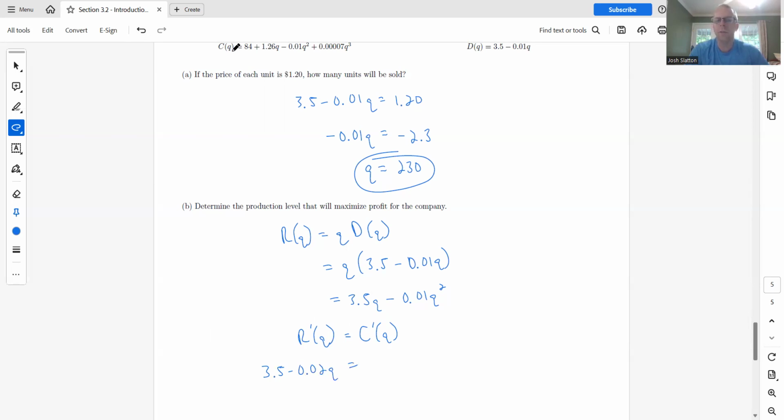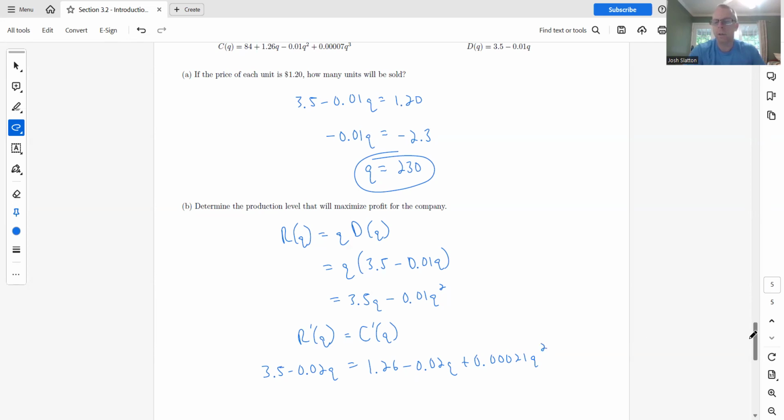And then we can take the derivative of this cost function here. So that would be 1.26 minus 0.02 Q, and then plus 0.00021 Q squared.